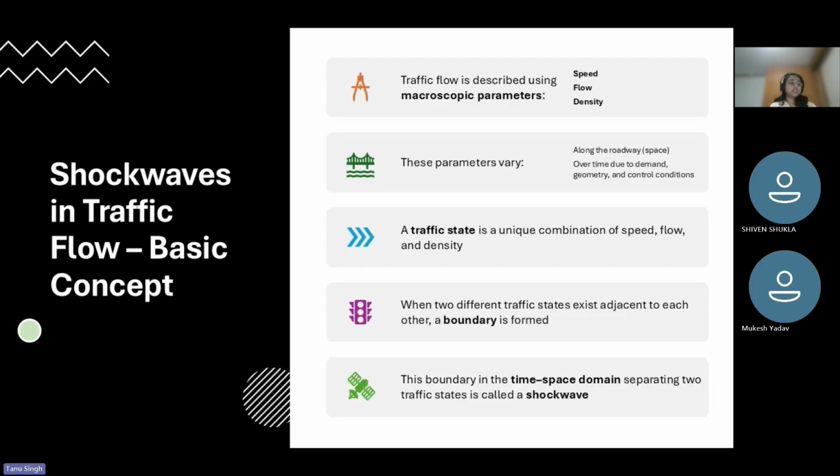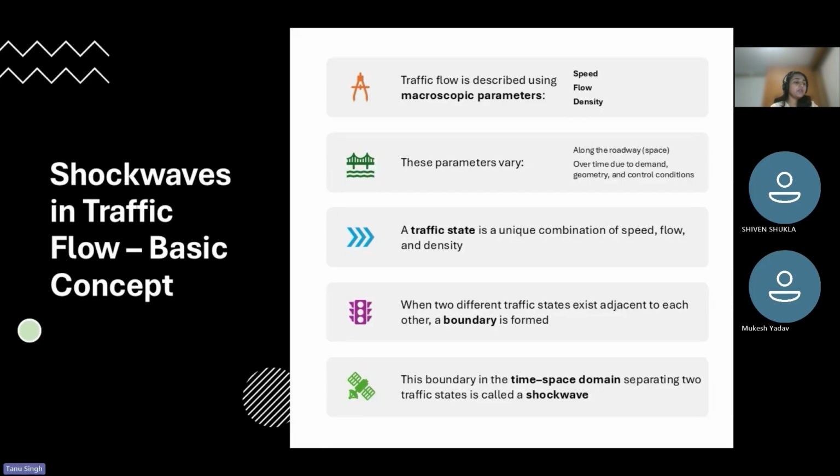These change due to variations in traffic demand, or due to changes in the roadway geometry, or due to traffic control conditions such as signals or signs. Any unique combination of speed, flow, and density is referred to as a traffic state.